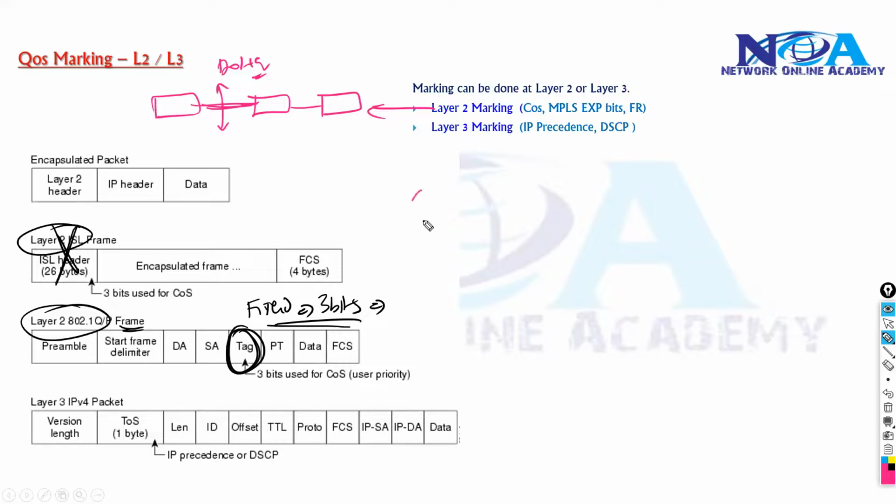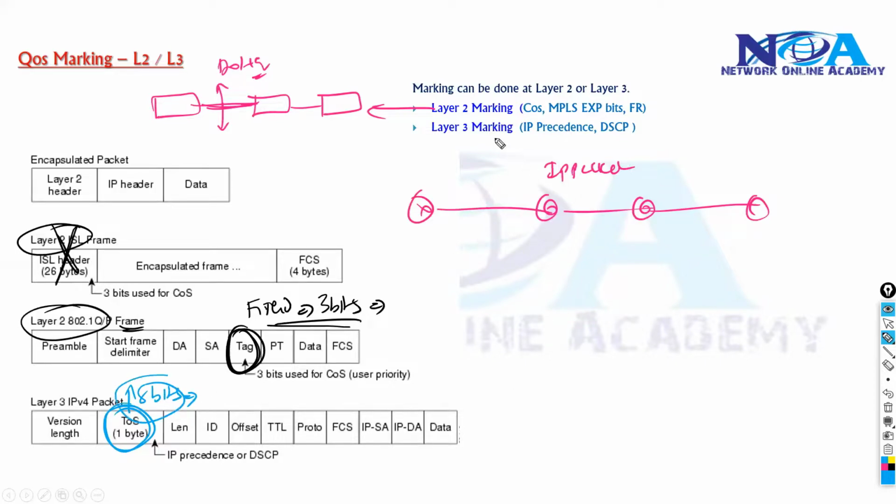Similarly, when packets are traveling from router to router in the form of an IP packet, inside your IP packet there is again a special field reserved called type of service, and there are 8 bits reserved for that. These 8 bits decide the L3 marking, the layer 3 marking, and there are some options inside that called IP precedence and DSCP.